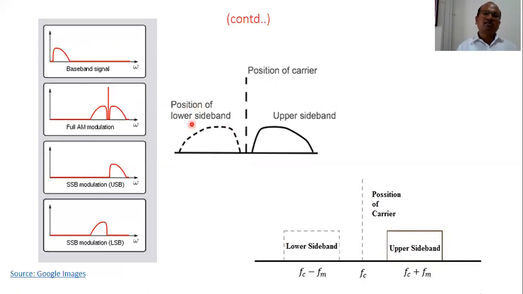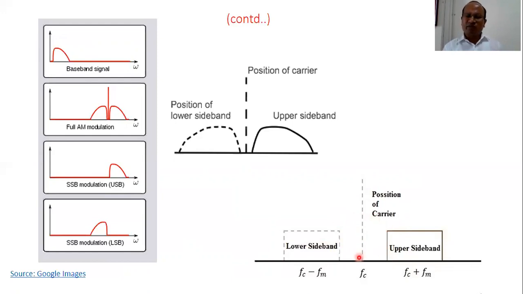Why? Because this sideband is not being transmitted, and the upper sideband is transmitted. The same thing can be seen here. The position of the carrier is here. The upper sideband extends from FC to FC plus FM, and the lower sideband is from FC minus FM to FC. There is no band at all here. Please remember, there is no gap. This is just a representation that the carrier is present.